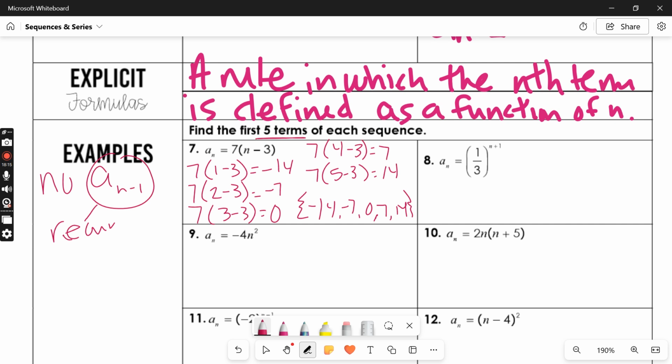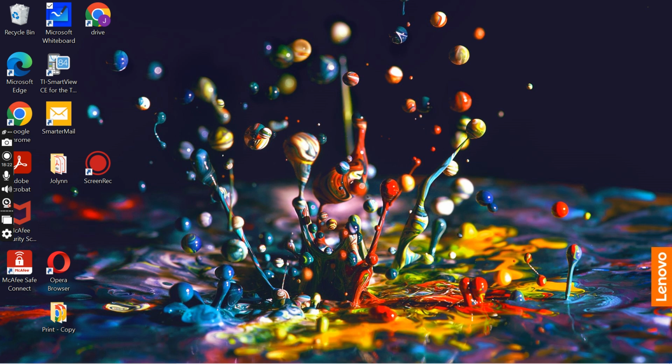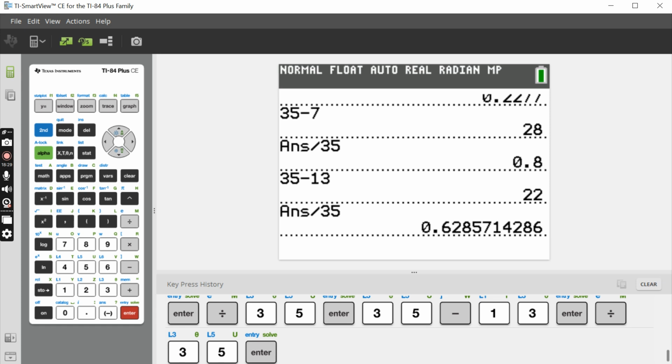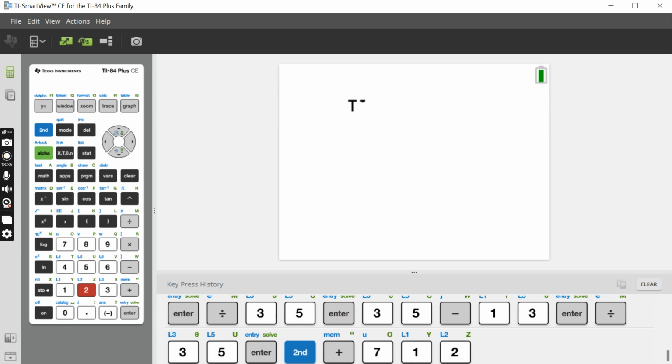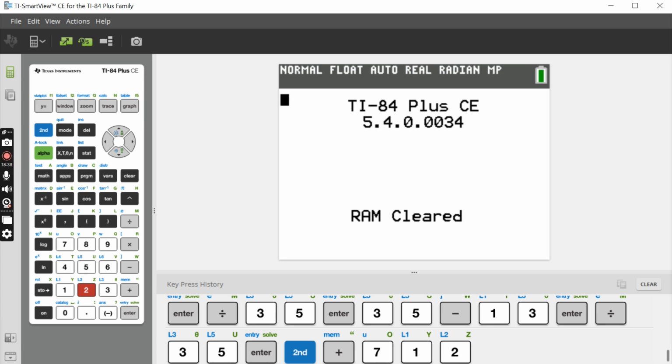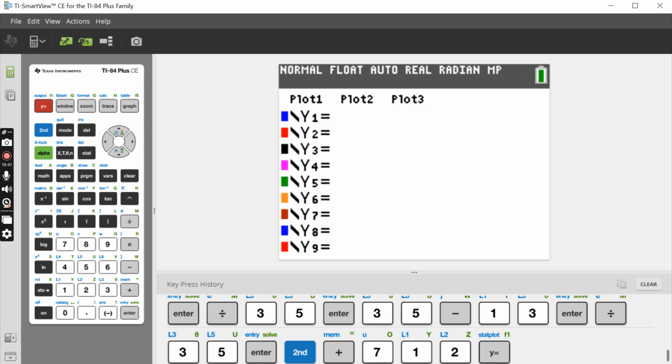Okay, you can also use your calculator. So like number 8, I know when y'all see fractions, you kind of freak out. So 1/3 to the n plus 1. I can use my calculator to help with this. So I'm going to go to y equals, and I'm going to type in that formula.